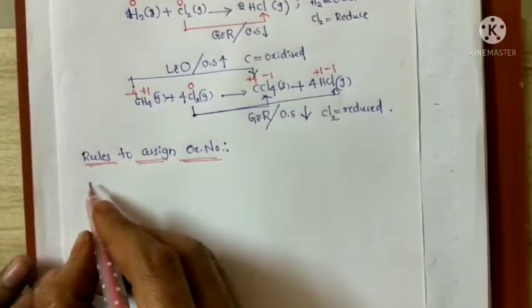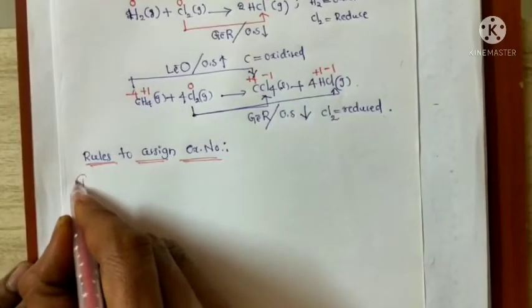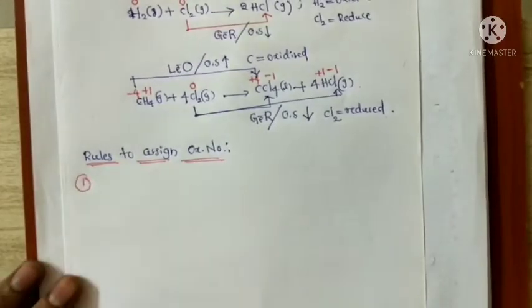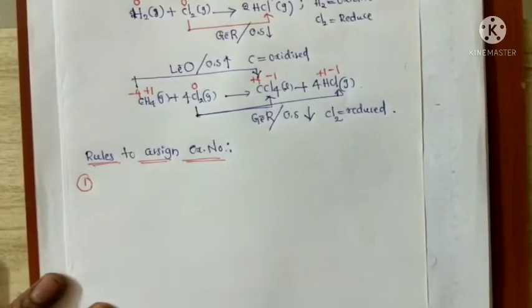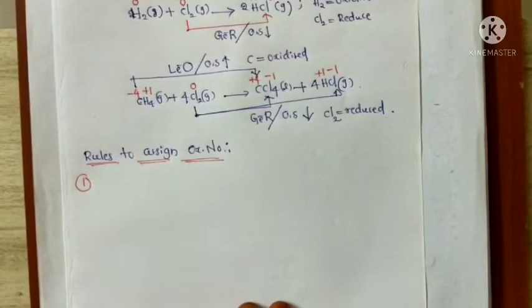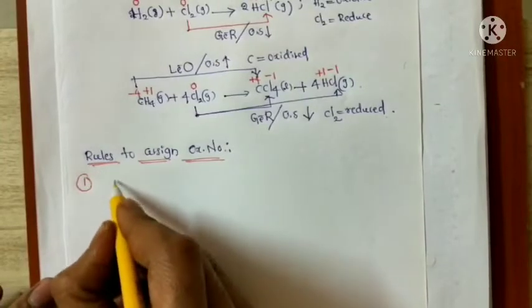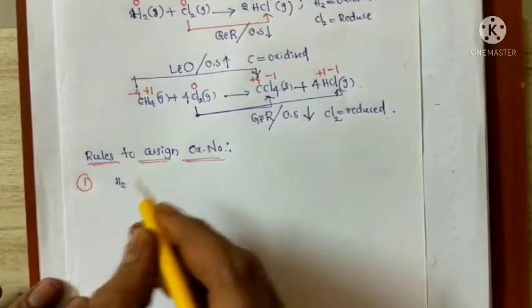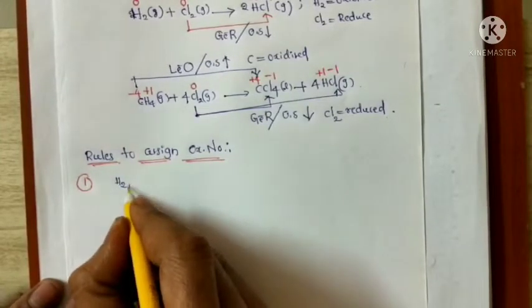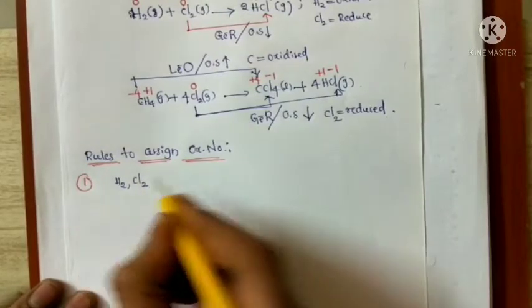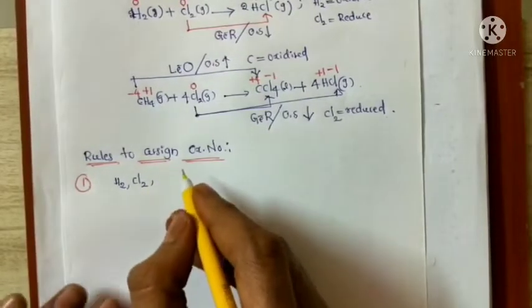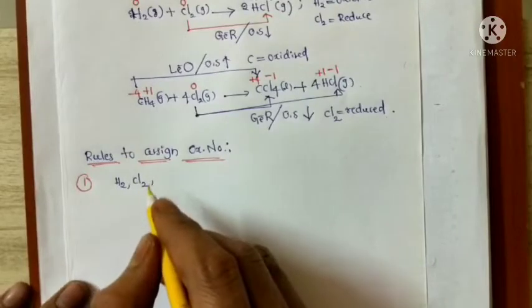The first rule is: the oxidation number of each atom in the free state is 0. For example, the H2 molecule, the oxidation state is 0. Chlorine molecule, the oxidation state is 0, because these molecules exist in the free state.